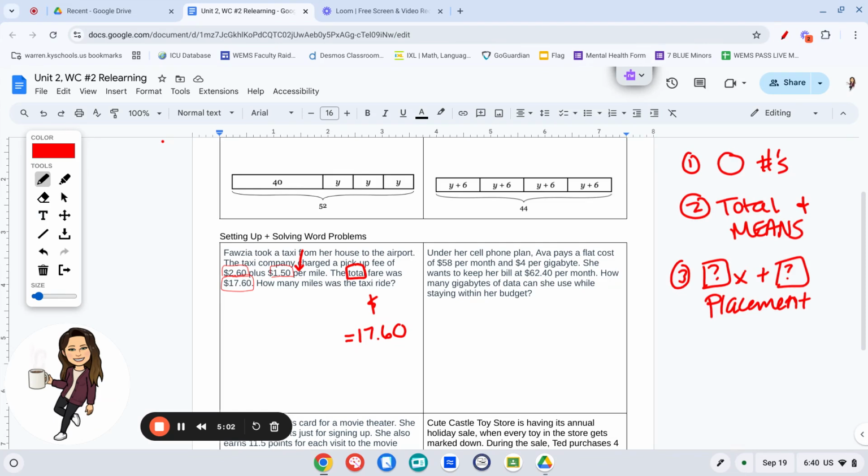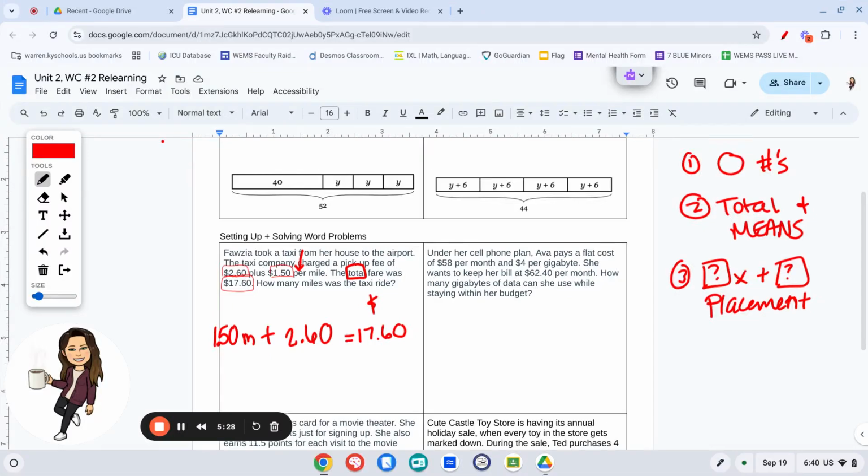So we are only picked up one time. There's a pickup fee. You're not getting picked up every mile. You're driving multiple miles. So that $2.60 is a one-time fee. You're only picked up once. And then plus $1.50 per mile.